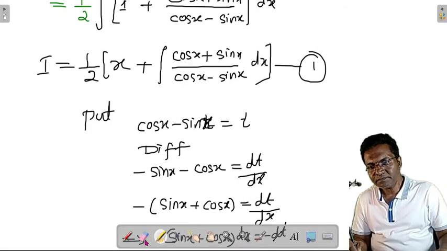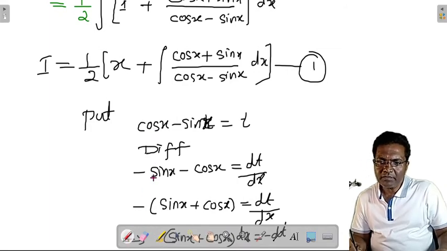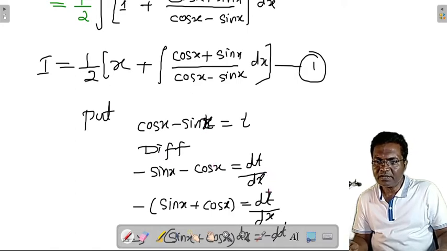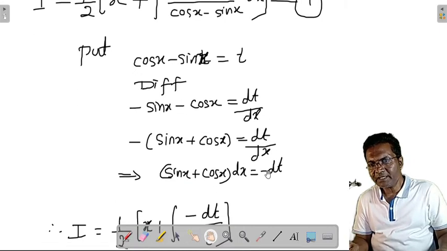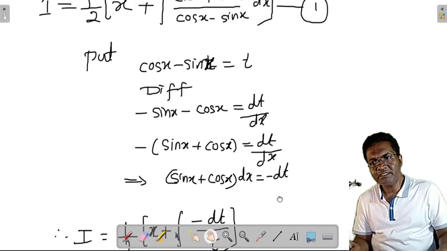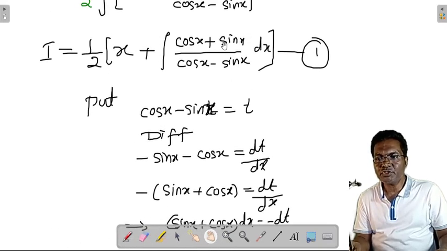Differentiate: derivative of cos x is minus sin x, and derivative of sin x is cos x, equals dt by dx. From these two you take minus common, so you are left with sin x plus cos x equals dt by dx. Transfer this minus to this side and dx to this side, so sin x plus cos x dx is minus dt. So substitute here, this is your minus dt and this is your t.